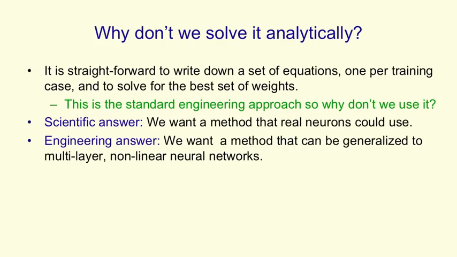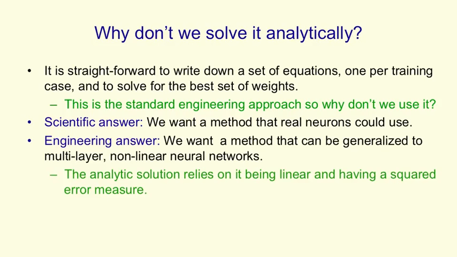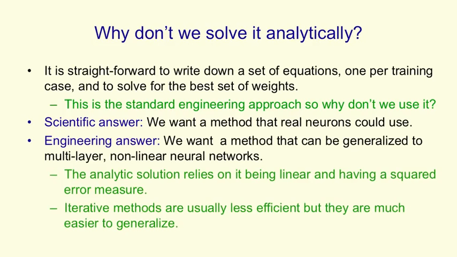An engineering answer is that we want a method that we can then generalize to multi-layer nonlinear networks. The analytic solution relies on it being linear and having a squared error measure. An iterative method, which we're going to see next, is usually less efficient, but much easier to generalize to more complex systems.